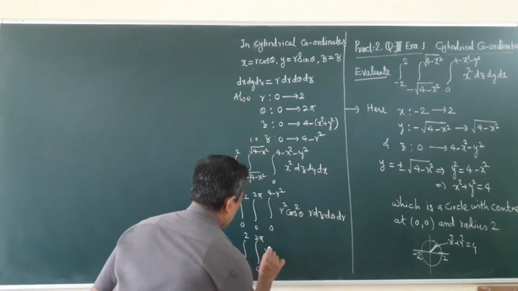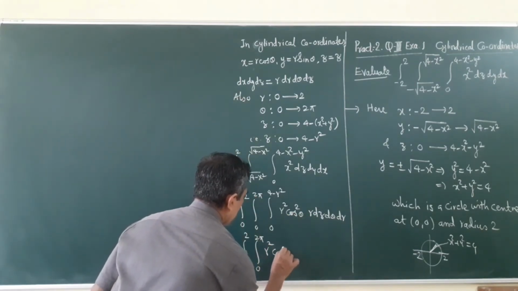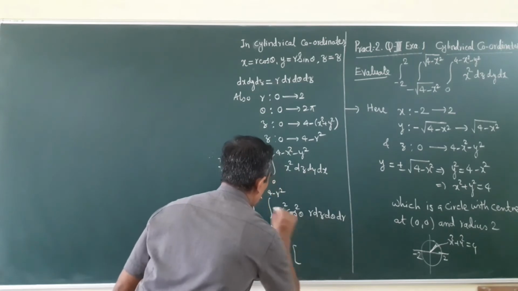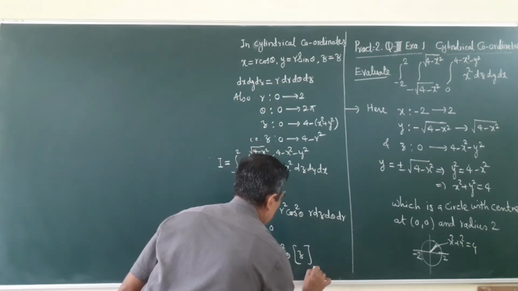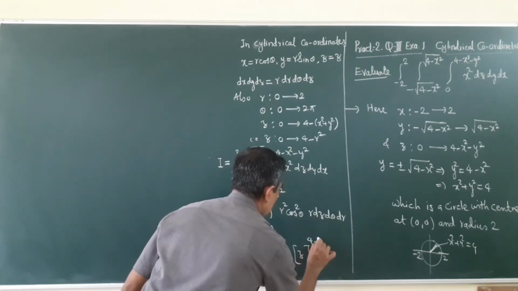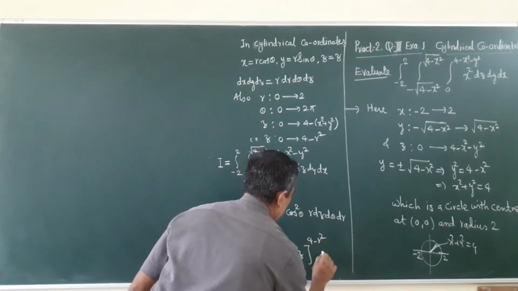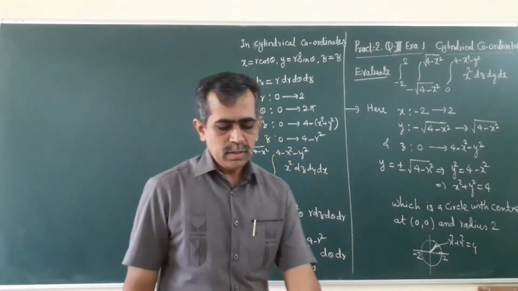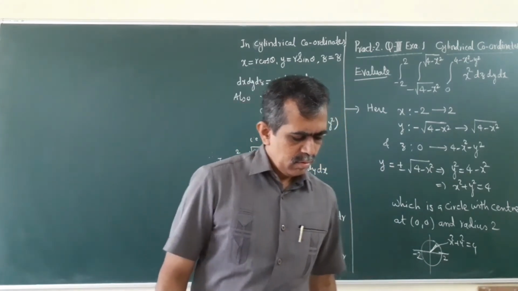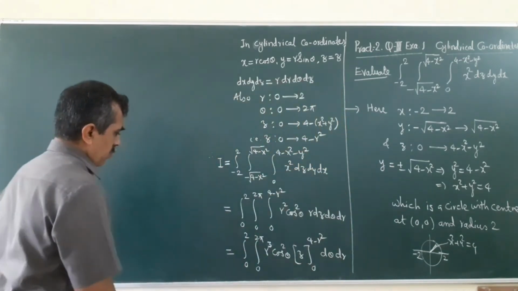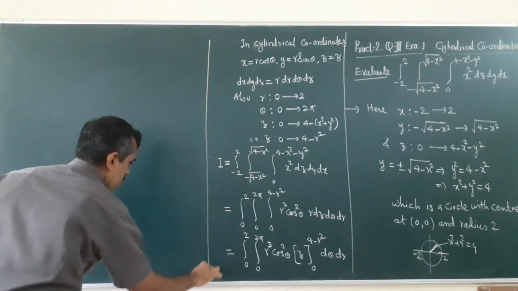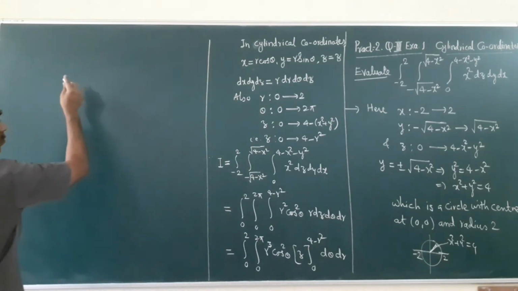So it will be r cube cos square theta into the integral of z over 0 to 4 minus r square, d theta dr. Just simplify this.